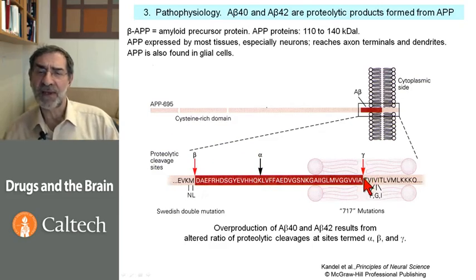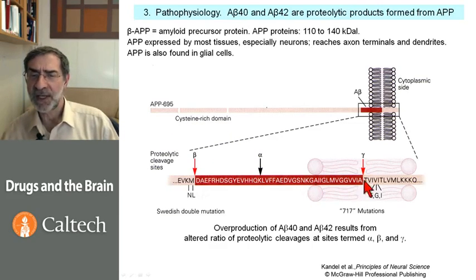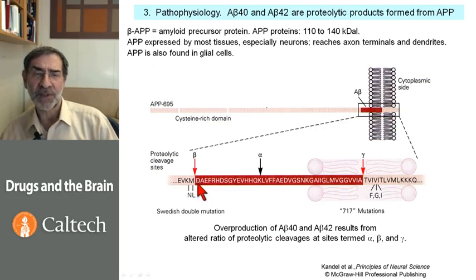You can see that the A-beta peptide encompasses partially a membrane-spanning domain and partially an extracellular domain. And overproduction of A-beta 40 and A-beta 42, depending on the length, these are the lengths of the peptides, result from specific ratios of proteolytic cleavages, that is, of cleavages of the protein at the alpha, beta, and gamma sites.